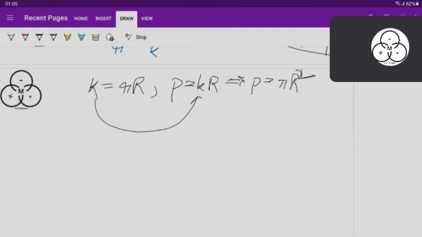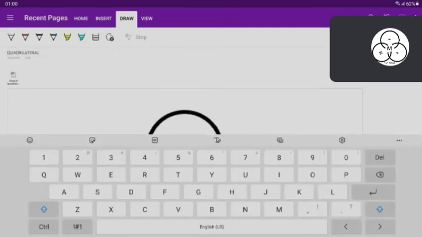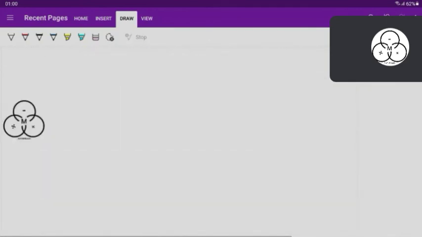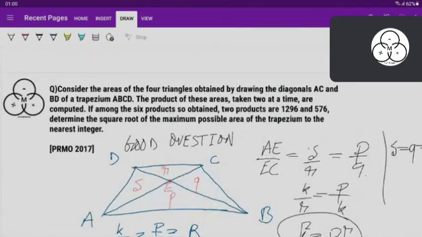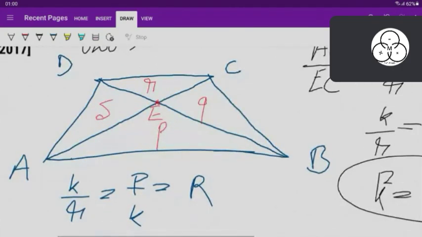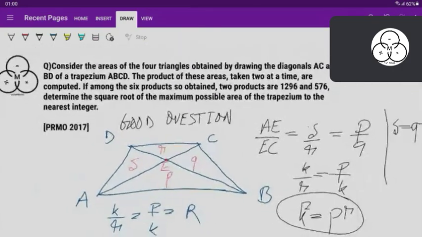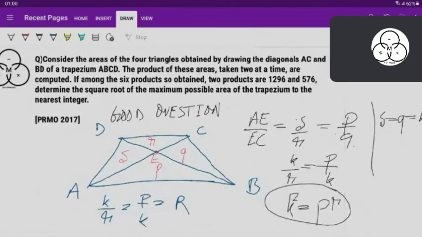Now we need the maximum area. Let's give a throwback to ourselves. In the diagram, we need the maximum possible area of the trapezium to the nearest integer.